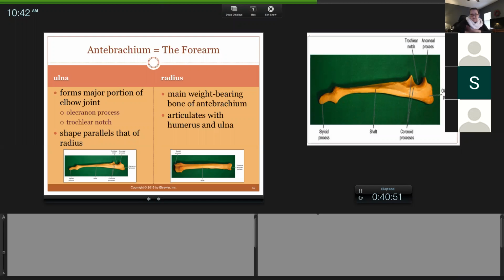If the radius is intact, it's going to act like a natural brace, and we don't necessarily fix the ulna. We might put the dog in a bandage or a cast, but as long as the radius is intact, that is the one that bears the weight of the animal. The ulna is important for the elbow, but it's mostly for muscle attachment and not weight bearing. But they are parallel, meaning they run right next to each other.